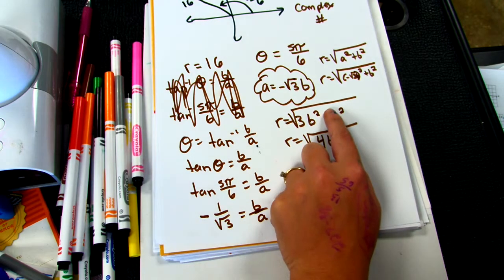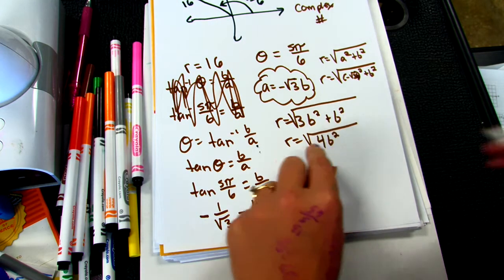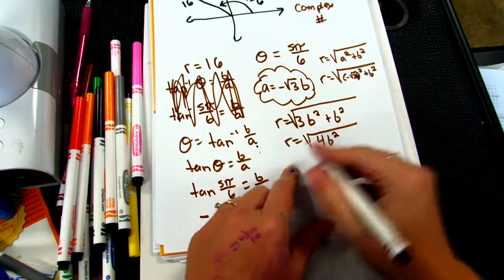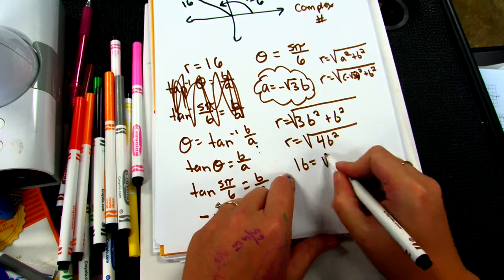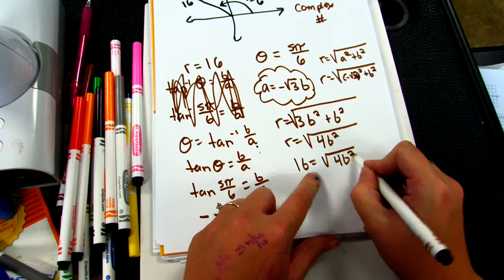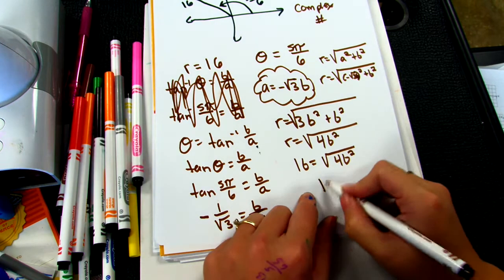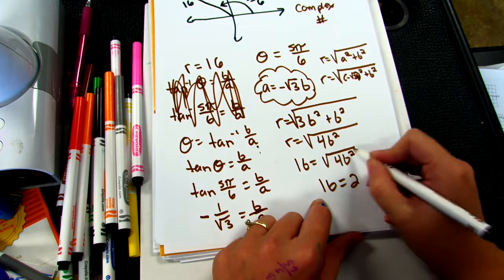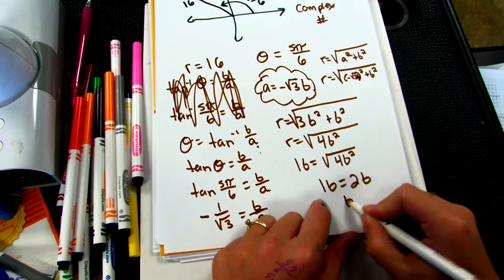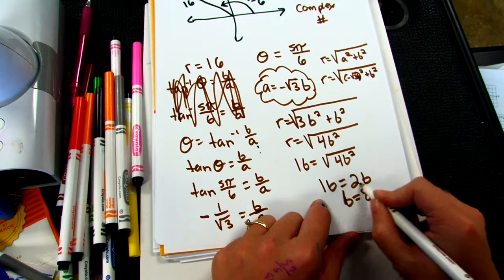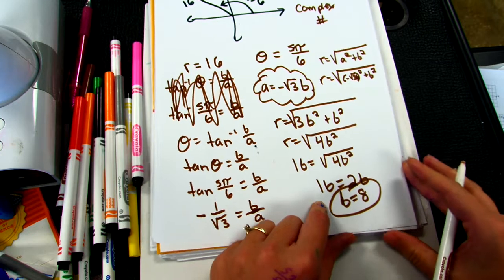Okay. Good so far. And r, we know, is equal to 16. And then the square root of 4 is 2, and the square root of b squared is b, which means b is 8.